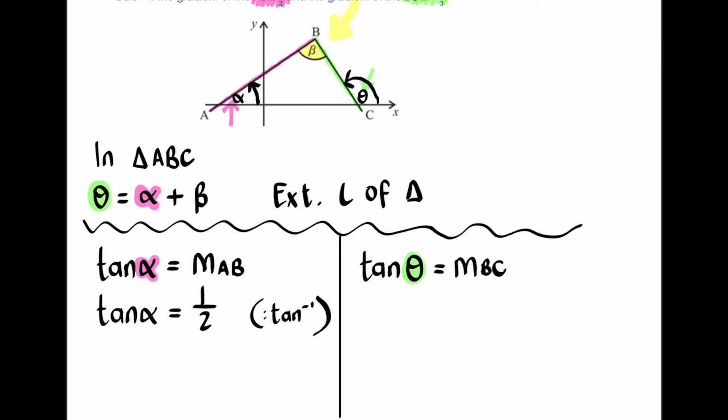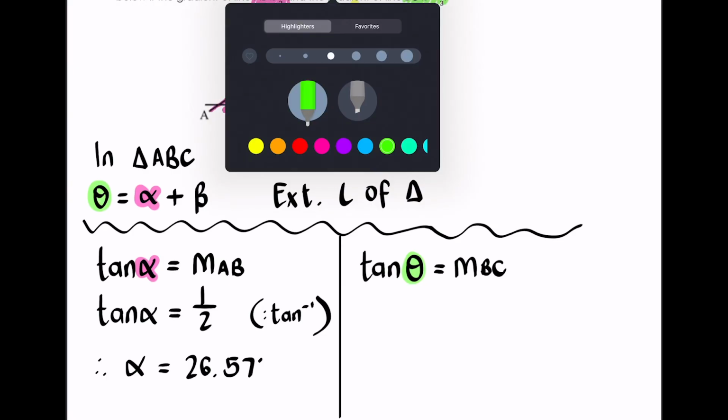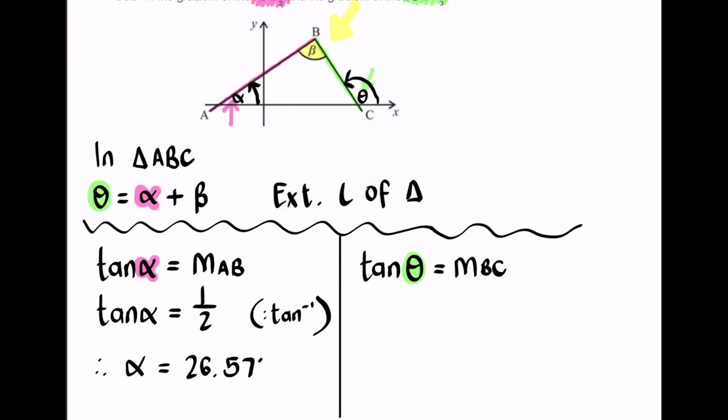When you push shift and then your tan button, you get arctan. And then you're going to type in your fraction of a half or 0.5. Therefore, alpha is equal to 26.57 degrees. The gradient of AB was positive a half, so that means that the angle of inclination was an acute angle.